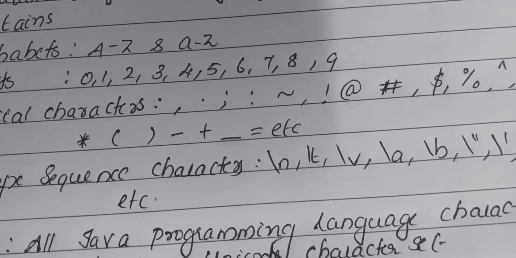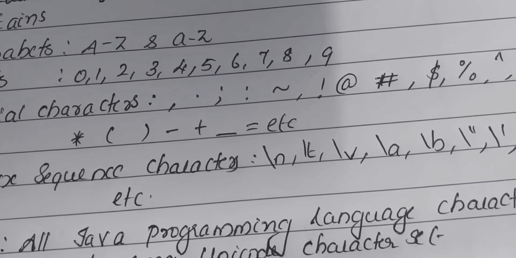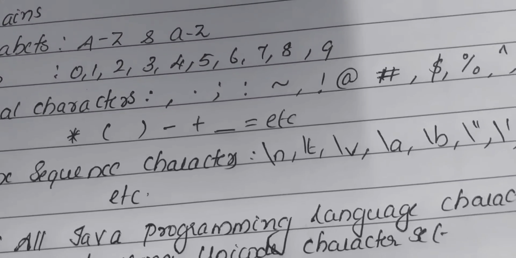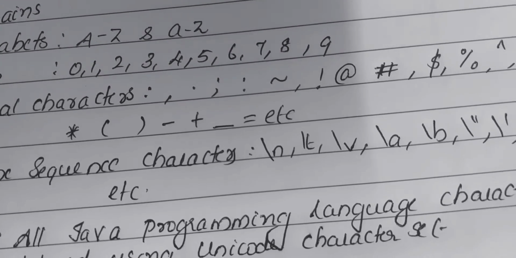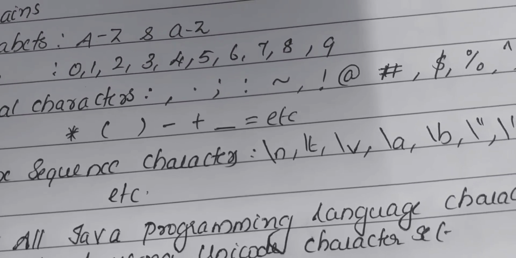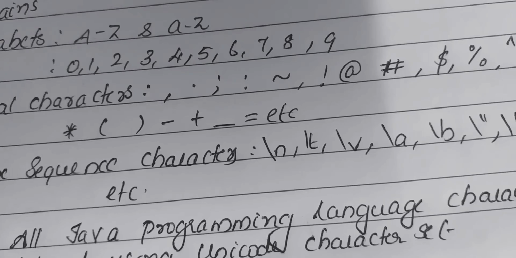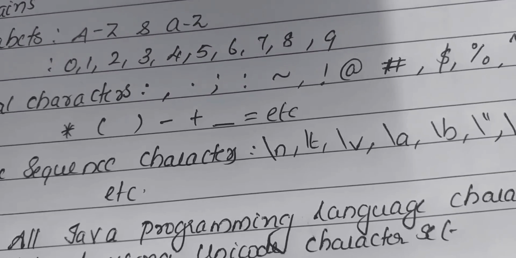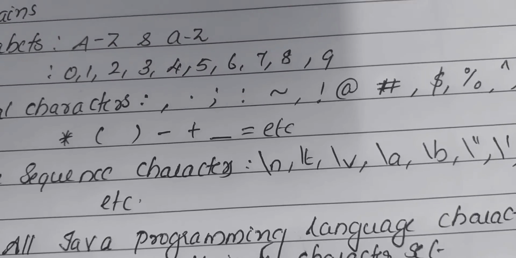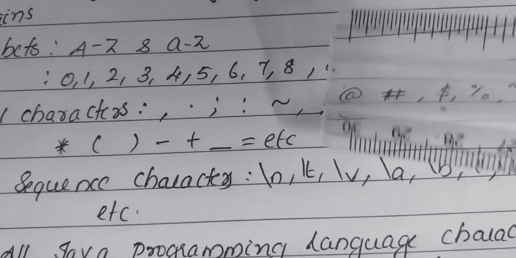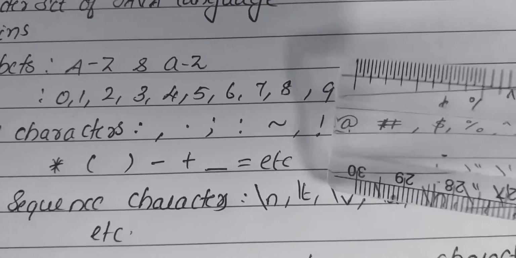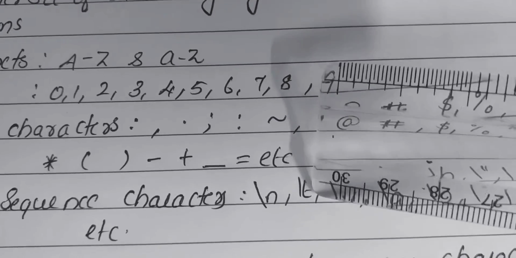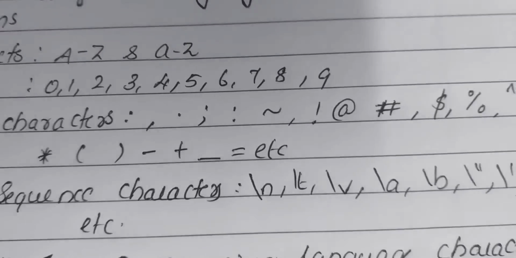Just consider the sentence, India is my country. How many spaces are between that sentence? After India one space, after is one space, after my one space. That is 3 spaces. In order to print a sentence like that in Java, and to represent that space, we use \t.